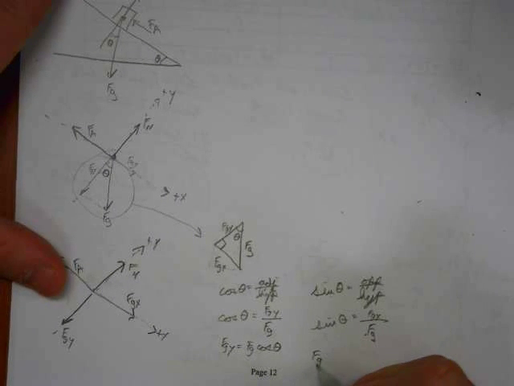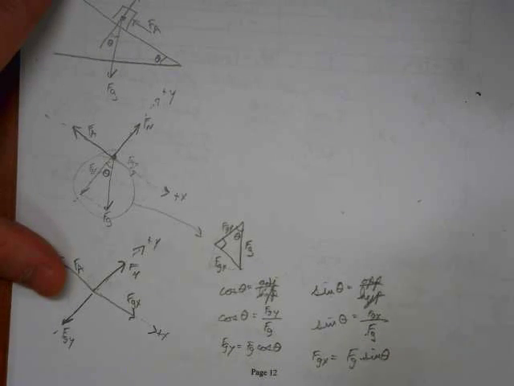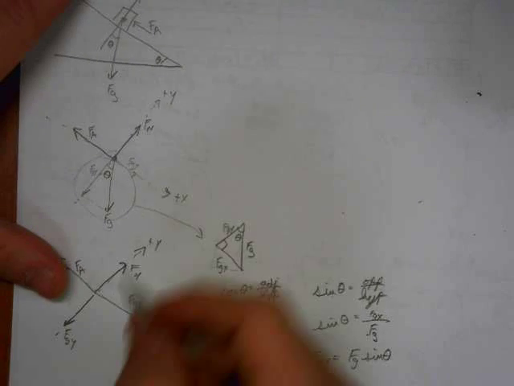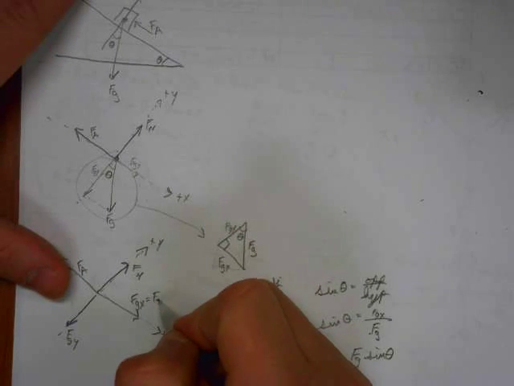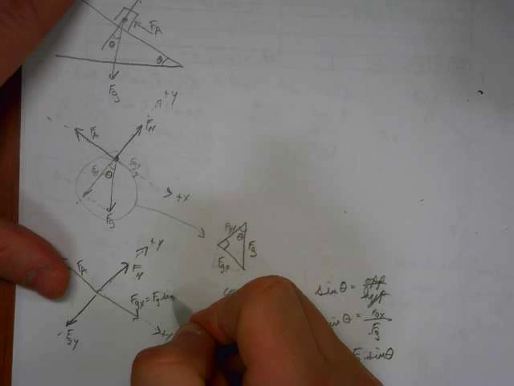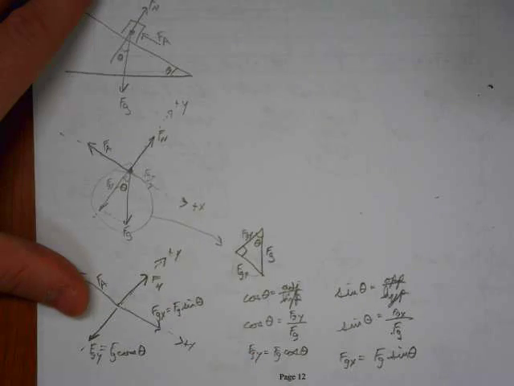So then we can say FGX equals FG sine of theta. And I can write these on our free body diagram: FGX equals FG sine of theta, FGY equals FG cosine of theta.